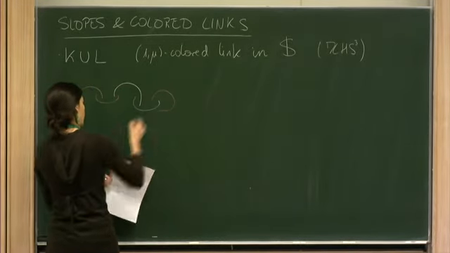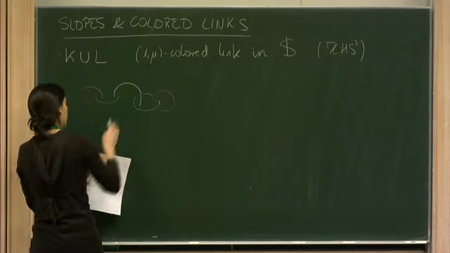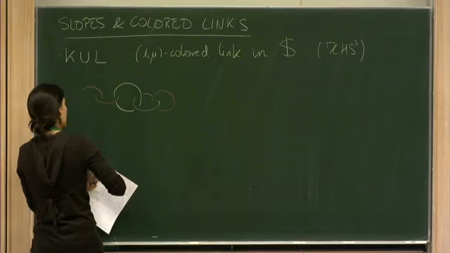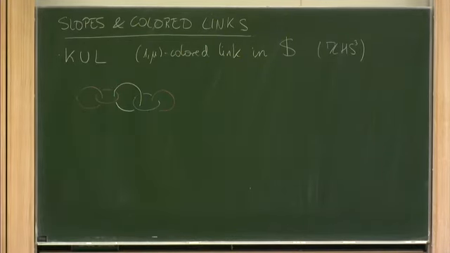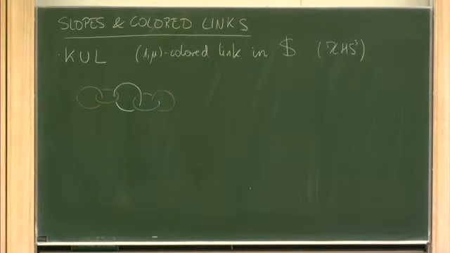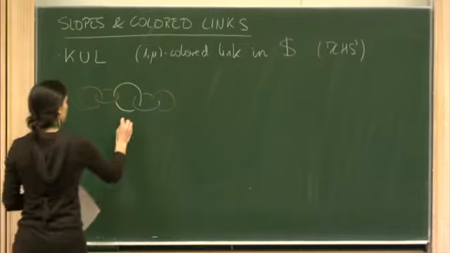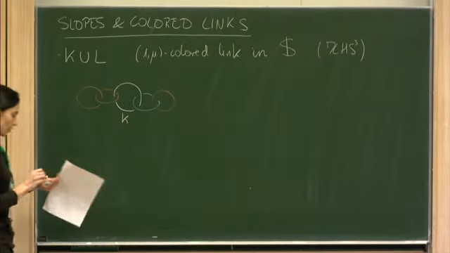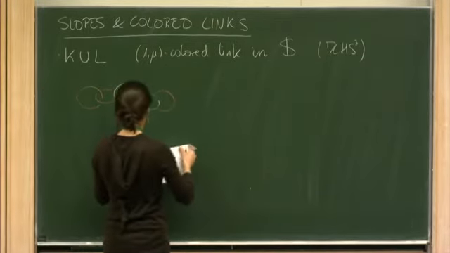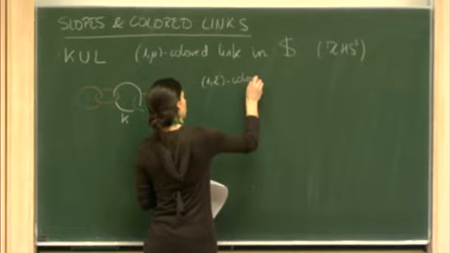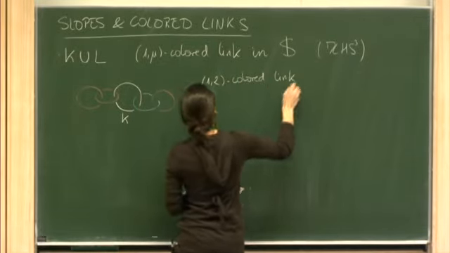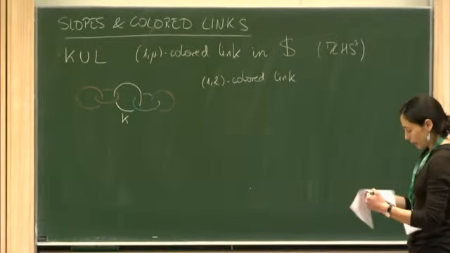So imagine I have such a link. The one is always going to refer to my K, that it's always going to have a special color. It always goes by itself. So this is K. This is a 1, 2 colored link, because it has this blue and red.